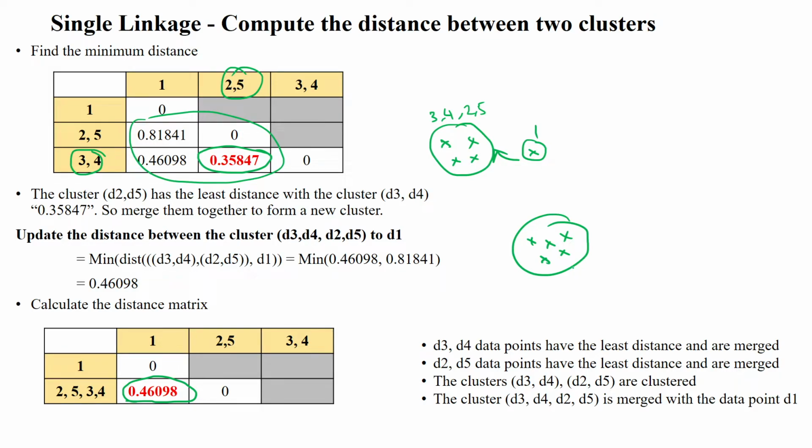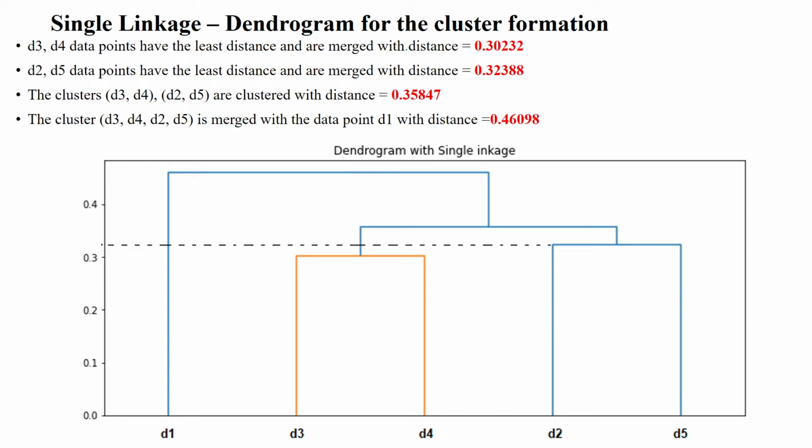After this we have to draw the dendrogram, a tree-like structure based upon the distance. First it takes d3 comma d4. The distance is given on this y-axis, 0.30. Then the distance between d2 comma d5 is 0.32.